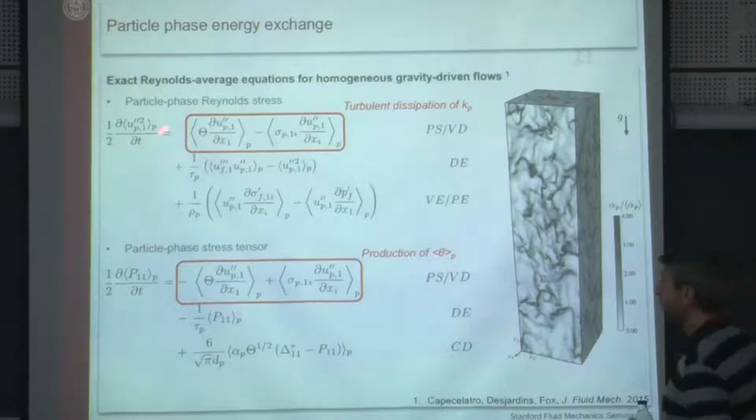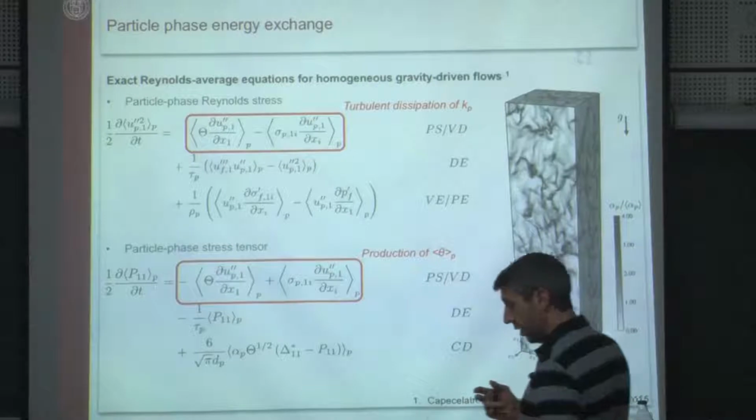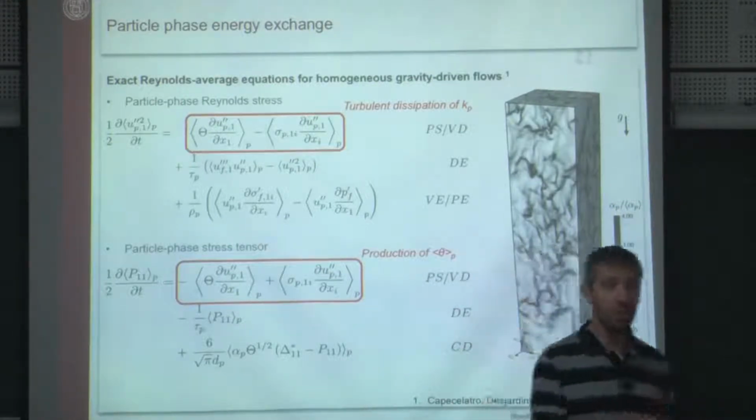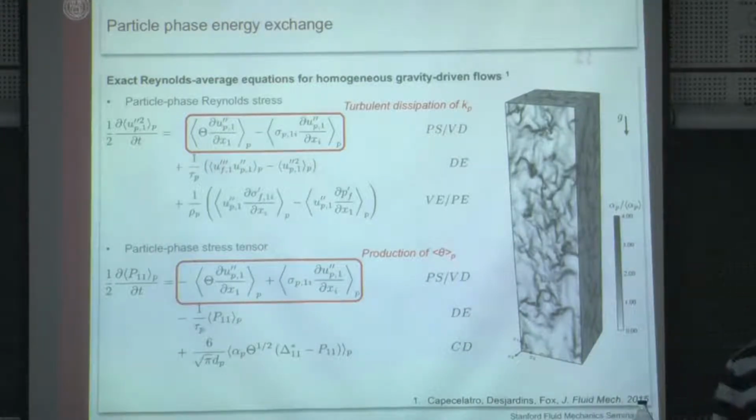There's one interesting connection also that shouldn't be surprising. When you're looking at turbulence, turbulence gets dissipated into heat, right? You have velocity fluctuations, and through the action of viscosity, you dissipate that into heat. Well, this is the same story here. We have correlated agitation in our particle field. There's a sink term that I'm writing right here, which is a turbulent dissipation of that correlated fluctuation in the particle velocity.